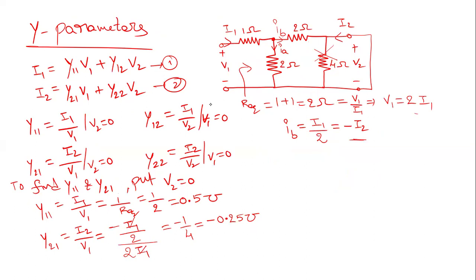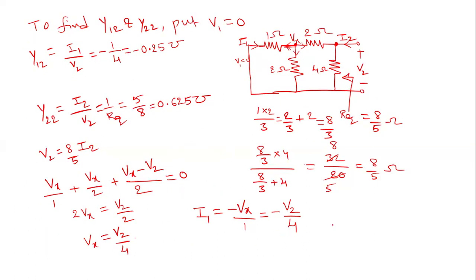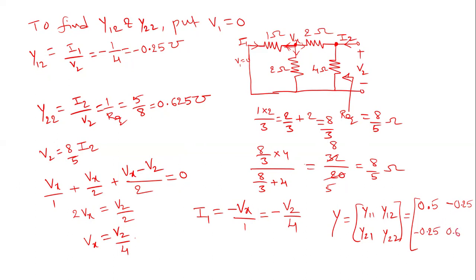So we have obtained all the Y parameters: Y11 is 0.5, Y12 is minus 0.25, Y21 is also minus 0.25, and Y22 is 0.625.